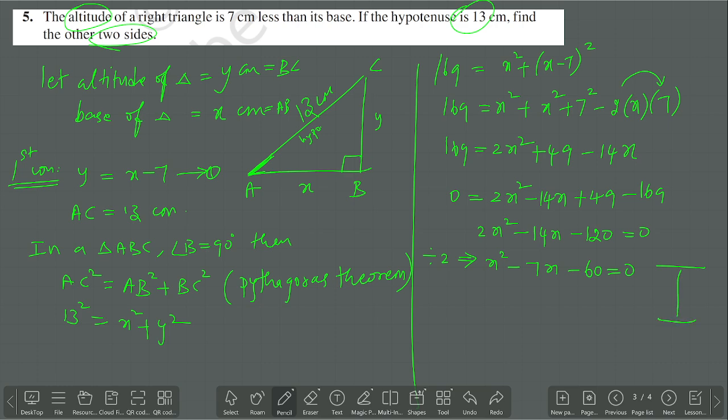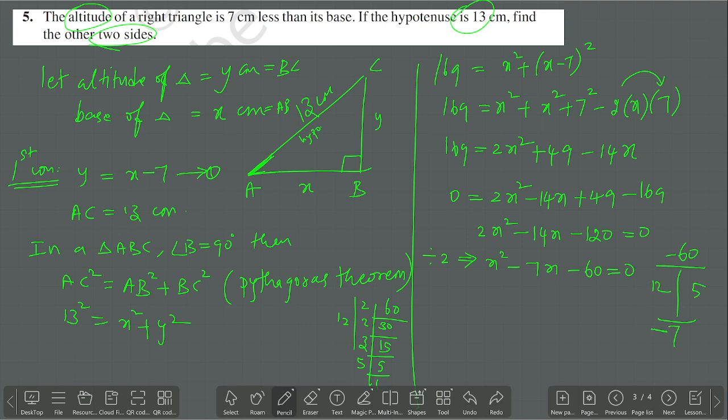Then factorization. We have to go for minus 60 and minus 7. Okay, so what is that? 12 and 5. Very good. When I take 12 and 5, 12 plus 5 is 17, but we need 7. Oh, we have to subtract. 12 and 5, we have to subtract.